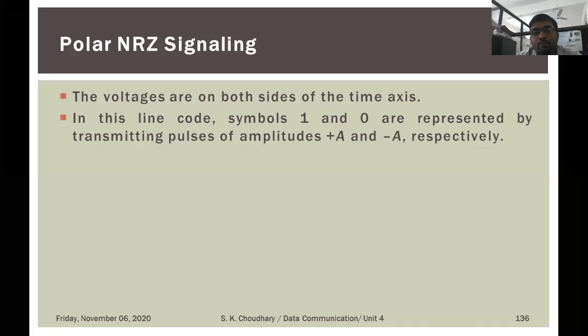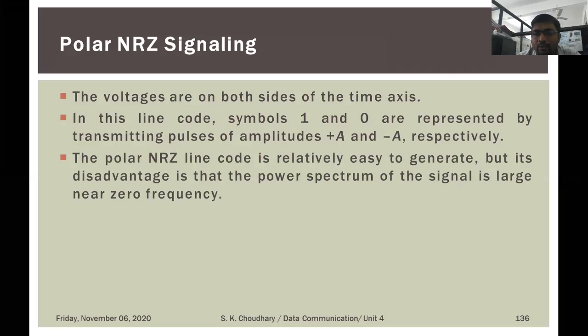So in this line code, symbols 1 and 0 are represented by transmitting pulses of amplitude plus A and minus A. You can choose either one; here symbol 1 is chosen as plus A and 0 as minus A. But some authors have used the reverse method as well, 1 as minus A and 0 as plus A. It is only a matter of representation. The main important fact is that voltages are on both sides of the time axis.